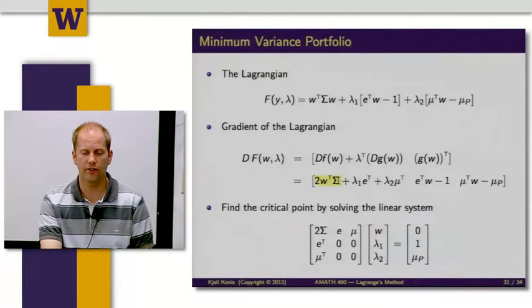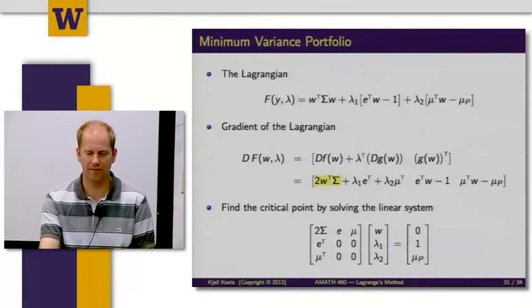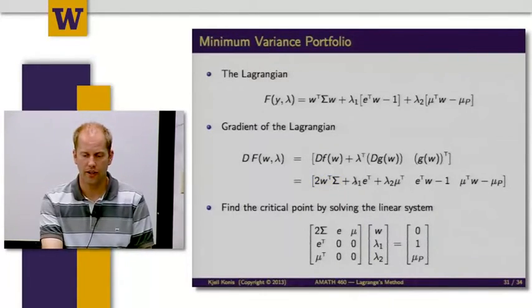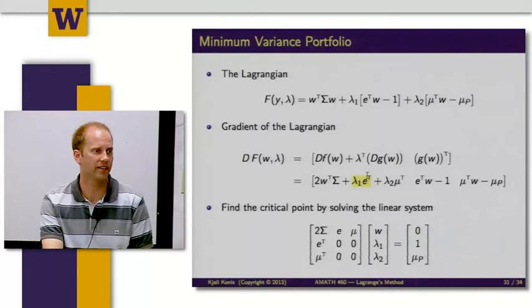This is just the transpose of this. It's more convenient to work with this as a column vector when I want to solve it. Lambda 1 times E transpose. If I just take the transpose of that, lambda 1's a constant, so that'll just become E. And then lambda 2 times mu transpose, so I end up with mu here.